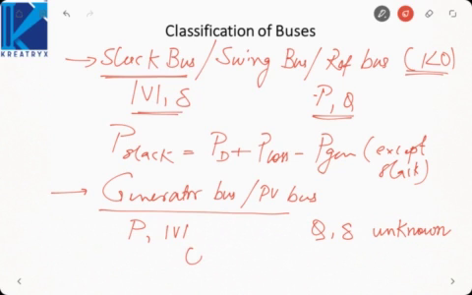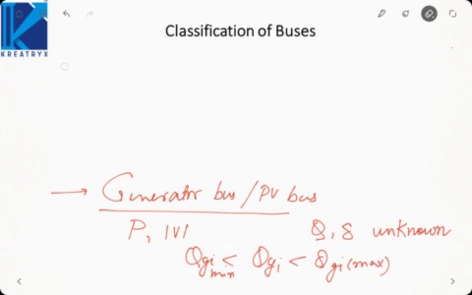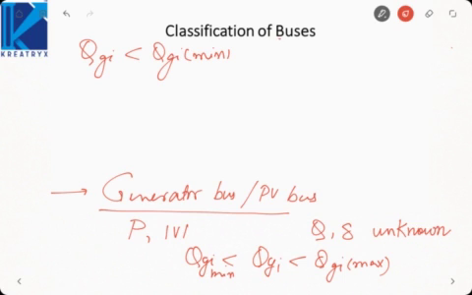But at the same time we specify some limits for the generator reactive power. That is, the reactive power must always lie between minimum and the maximum values. Okay. So, if it violates such limits, that is, suppose if somehow generator reactive power goes below the minimum or above the maximum, that is, suppose QGi is less than QGi min, then what I will do is I will consider QGi as constant, which is equal to QGi min.